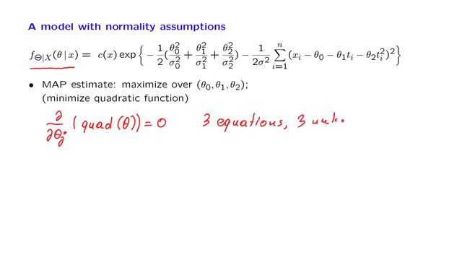And because it's a quadratic function of theta, these derivatives will be linear functions of theta, so these equations that we're dealing with will be linear equations. So it's a system of three linear equations which we can solve numerically, and this is what is usually done in practice. And this is exactly what it takes to calculate the maximum a posteriori probability estimate in this particular example that we have discussed.